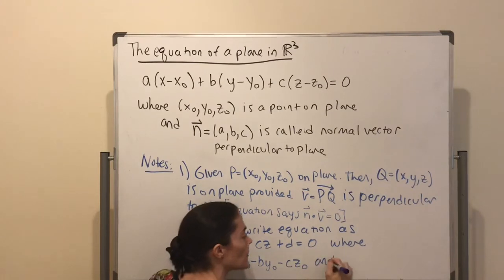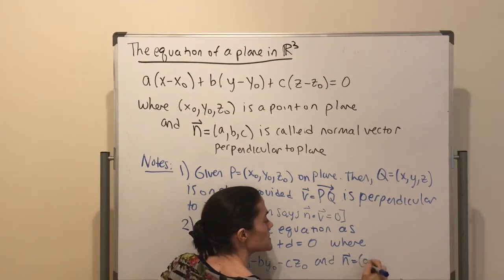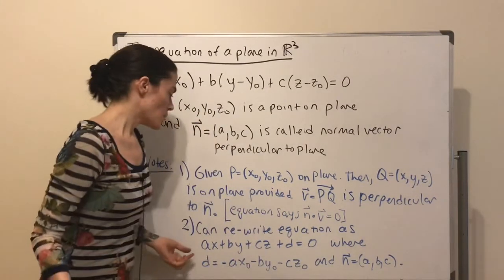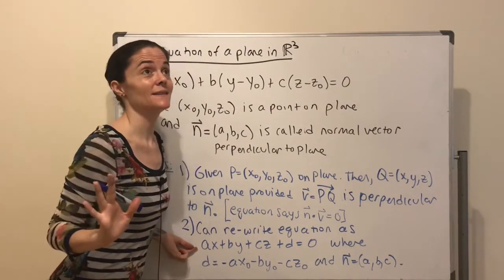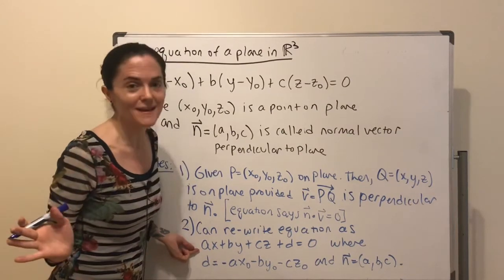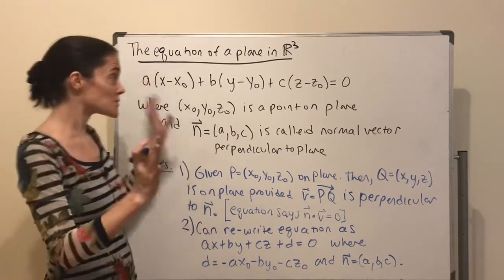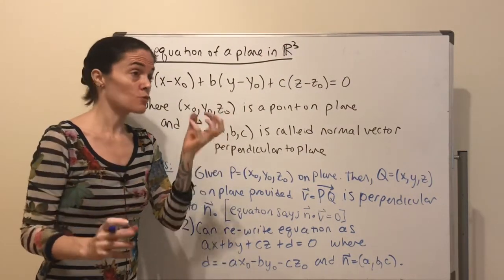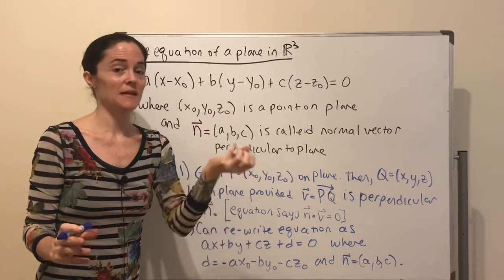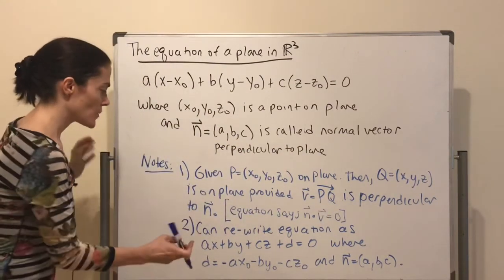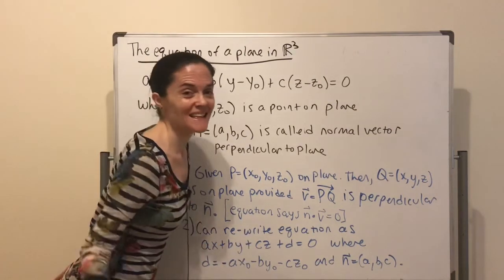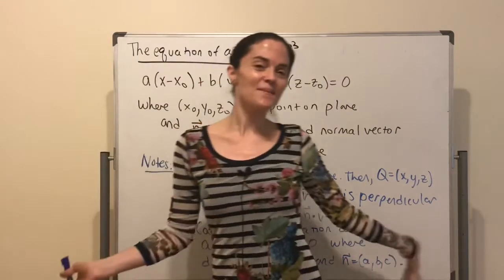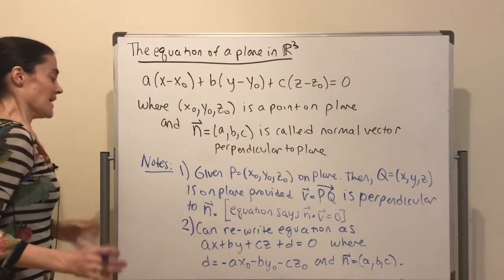And we still have that n is perpendicular to the plane, right? This sometimes is called the standard form of the equation of a plane, and this is what generalizes what I had up here for the standard form of a line. You can read off a vector that's perpendicular to the line, and look, you can read off that (a, b, c) is perpendicular to the plane, okay? It's just the next dimension up of the same statement.